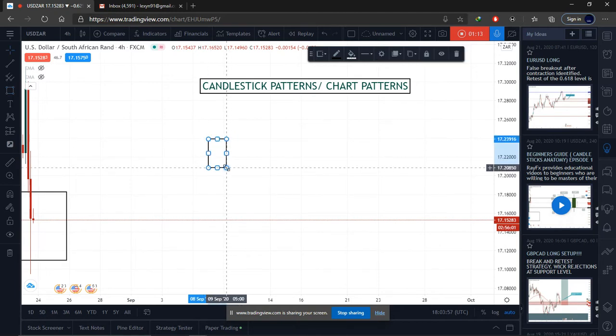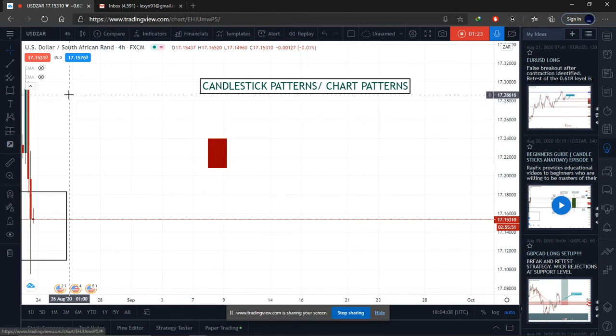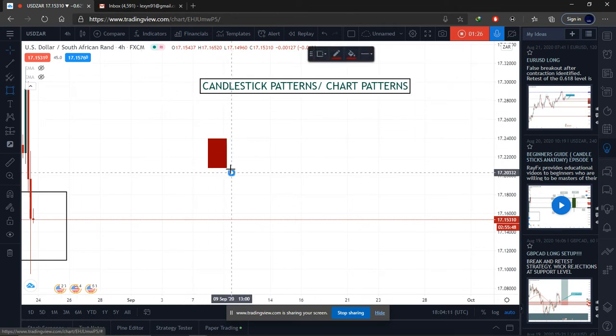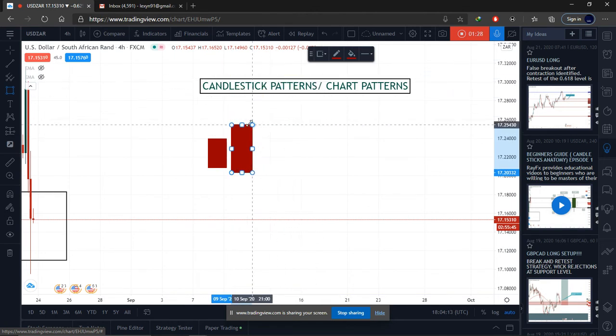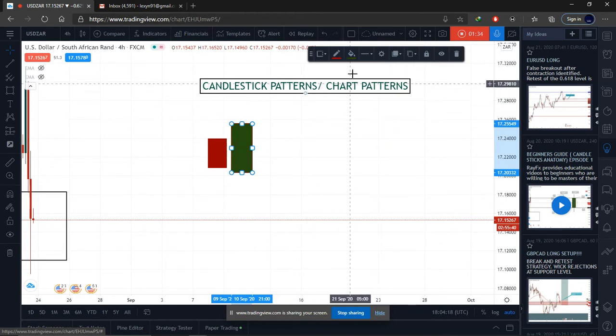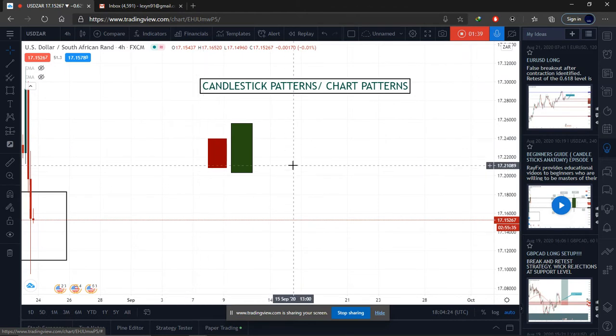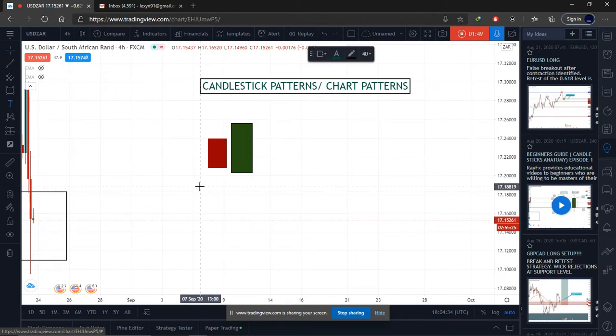Usually you have one small red candle, and then you have a green candle which is bigger, which engulfs the red candle, as if the entire body is covering the red candle. This is a bullish engulfing candlestick.